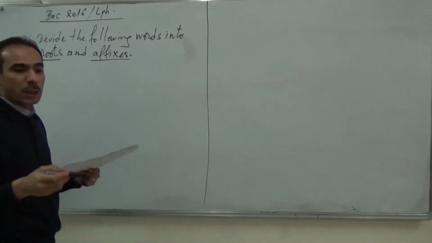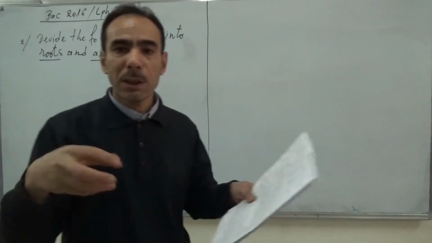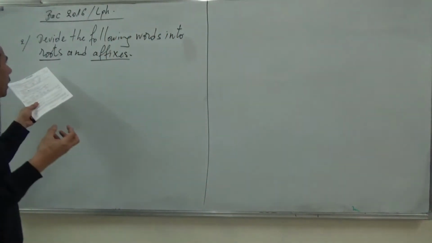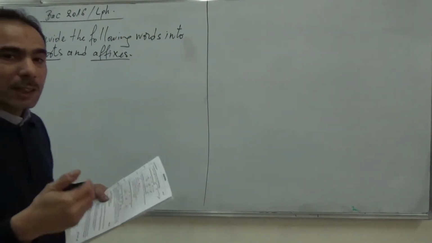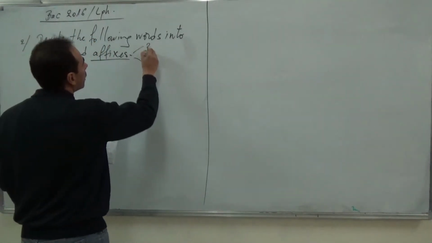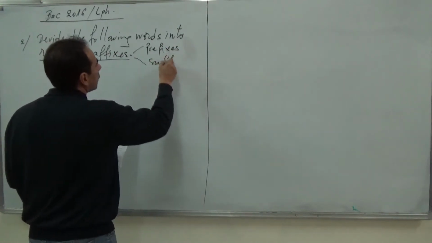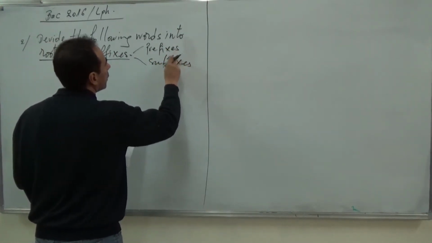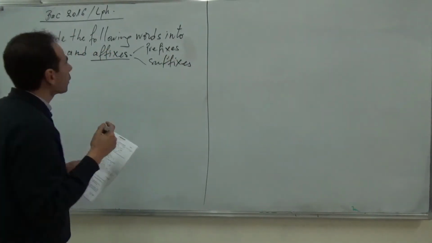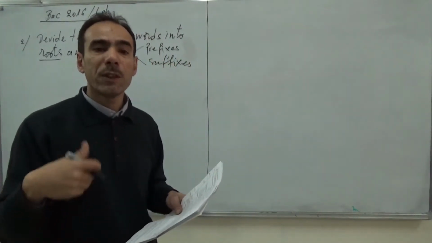Of course, in English, as well as in many other languages, words are built from a basis, which is the root. And then, by adding affixes, which are prefixes and suffixes, we are going to have new words that have other functions.